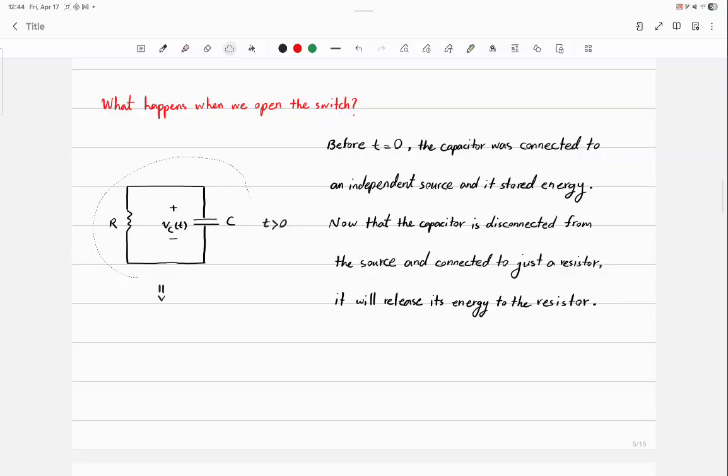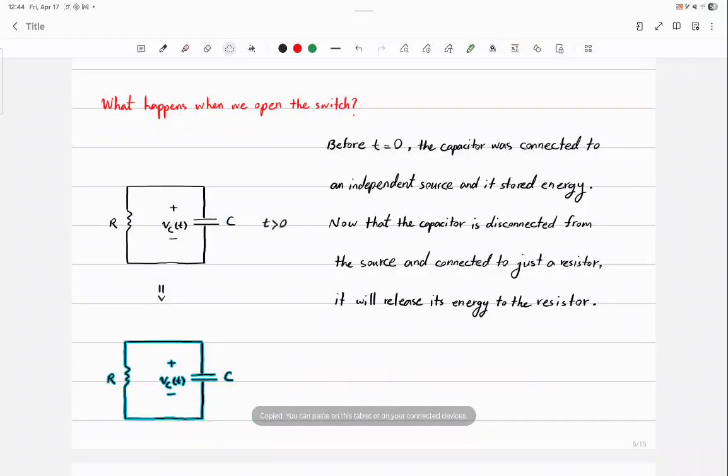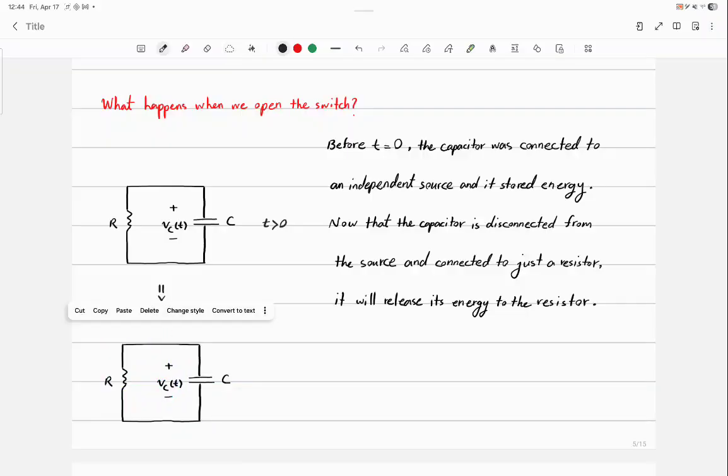Now that we are here, can you tell me the equivalent circuit for t equals 0 positive? What should I replace the capacitor with? A voltage source. And what's the value of that voltage source? Why?